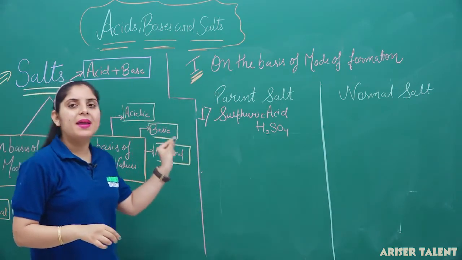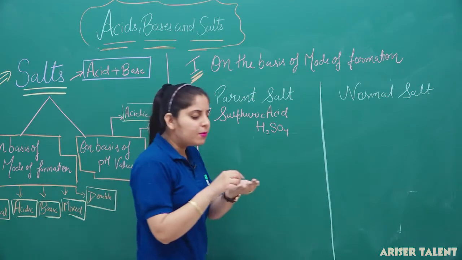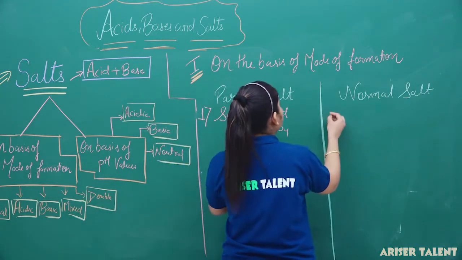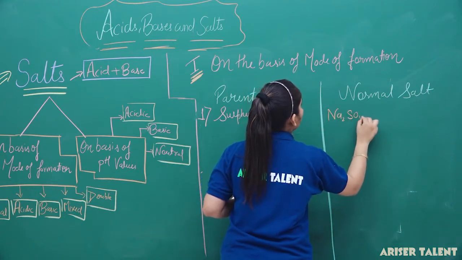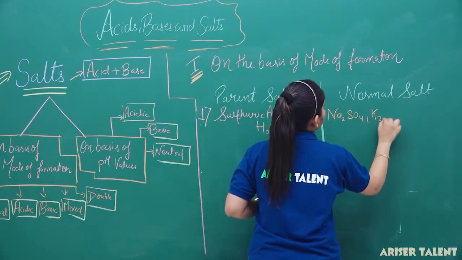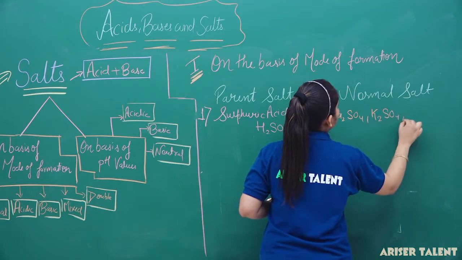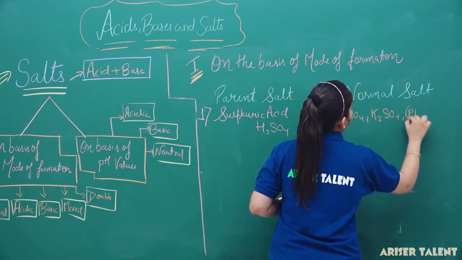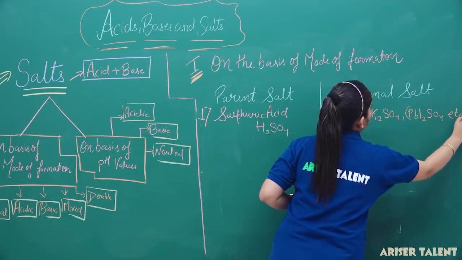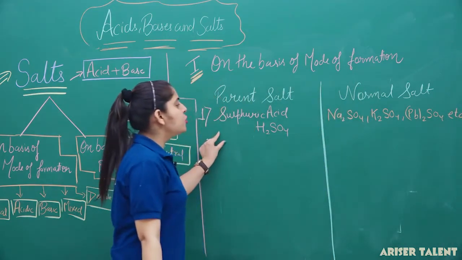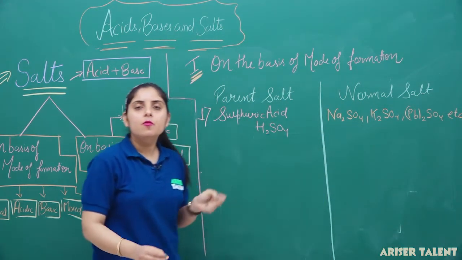This is the parent salt. And how will normal salt be formed from these reactions? In the category of the normal salt, we have Na2SO4, K2SO4, Pb2SO4, etc. It means from this parent salt, normal salt can be formed.